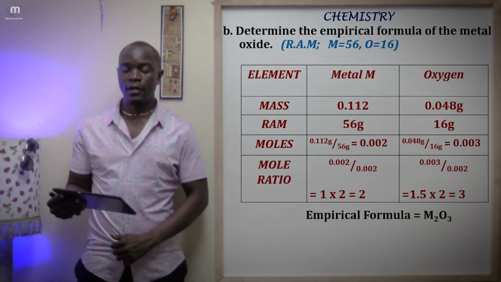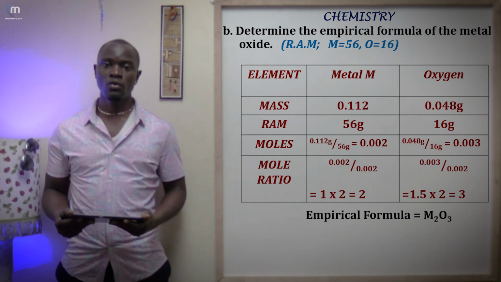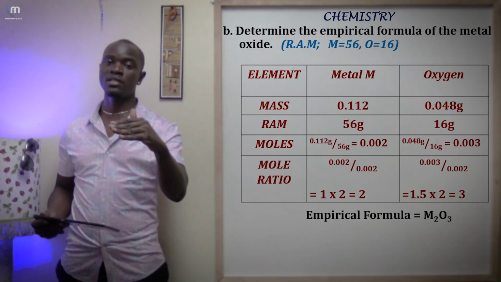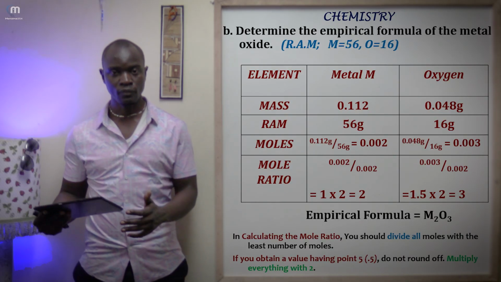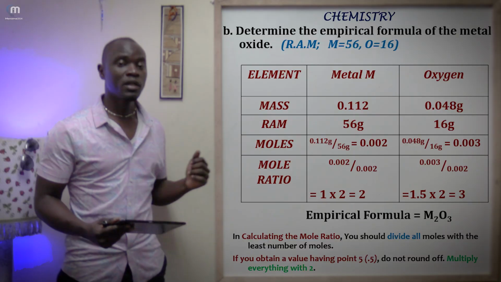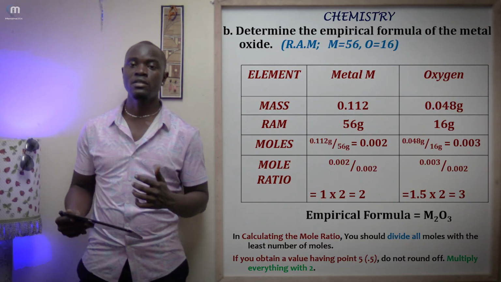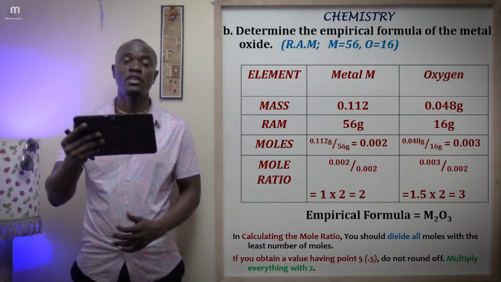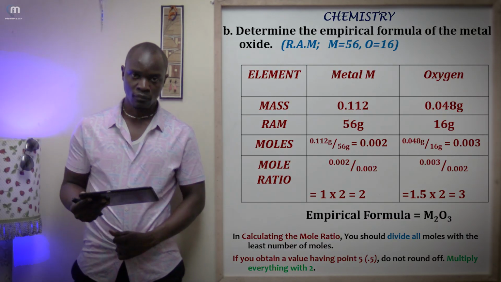Now the next step is to calculate the mole ratio. We are going to use these moles that you have just obtained to calculate the mole ratio. The first mole is 0.002 and the other one is 0.003.